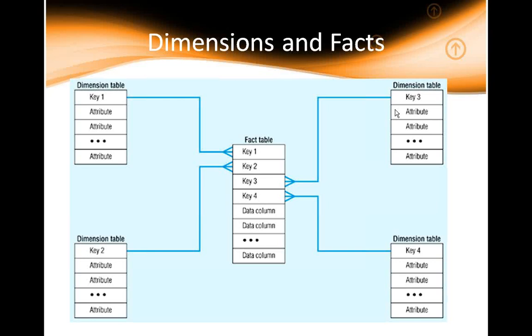You understood, right? The measures, the numerical values, will be stored in fact tables. The other information will be stored in dimension tables. Oh, the main information will be stored in the dimension table, you mean?